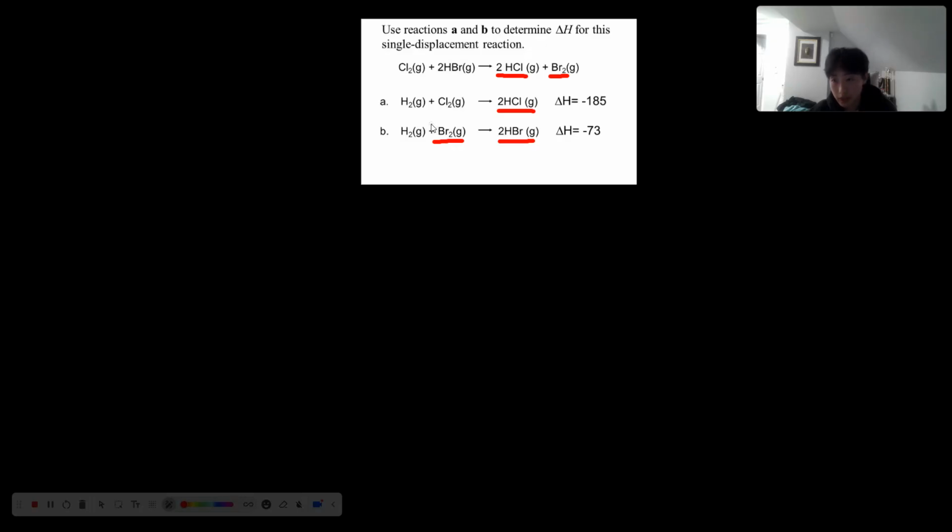So in this scenario, what I can do is flip this reaction. I will have reaction B listed down here like so. I can flip this, so the products become the reactants: 2HBr yields H2 plus Br2.